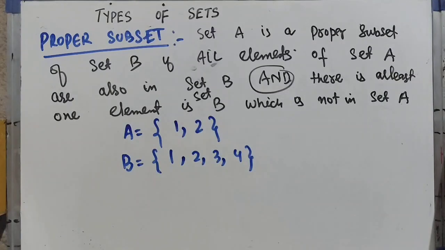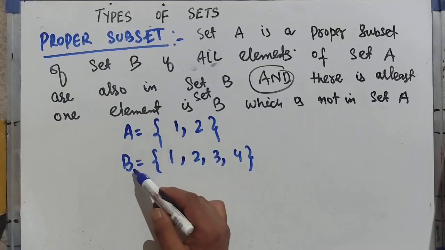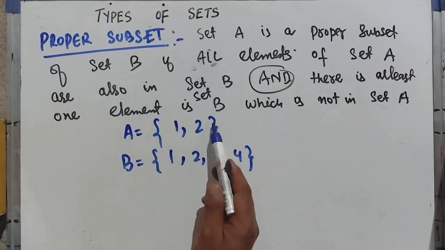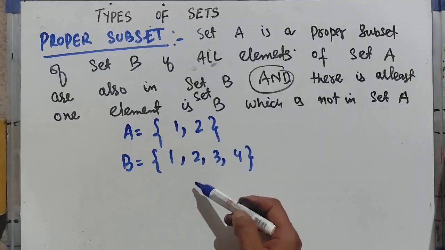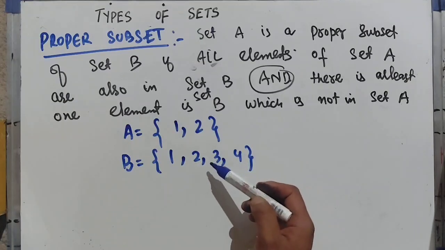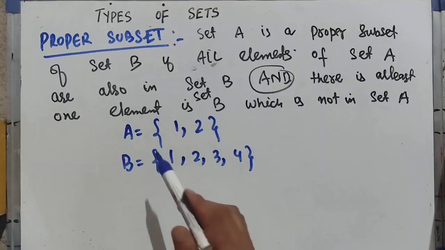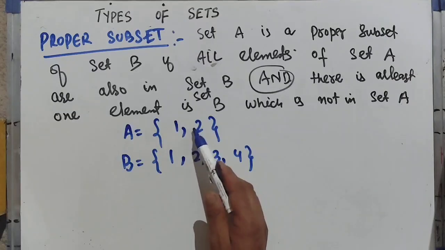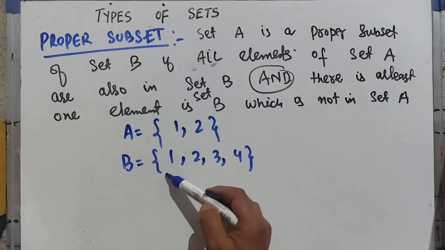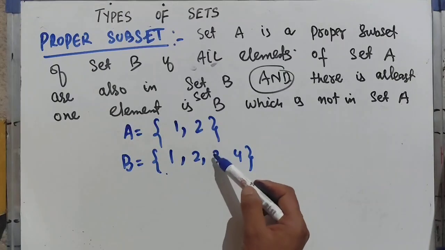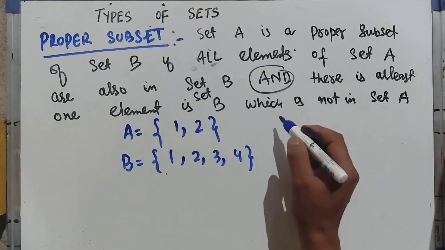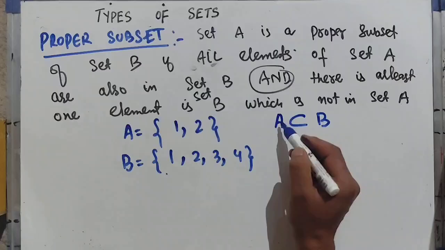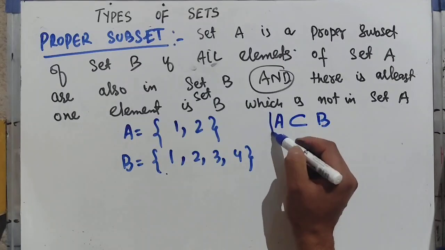In this case I say that set A is a proper subset of B. Set B contains all elements of A and set B has at least one element that is not in set A. Here you can see set A has elements 1, 2, B has also elements 1, 2, so all elements of A are in set B, but there are some elements in B which are not in set A, so we denote it by this symbol. We say A is a proper subset of B.